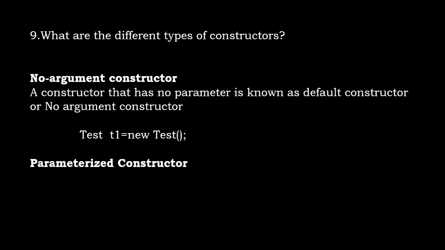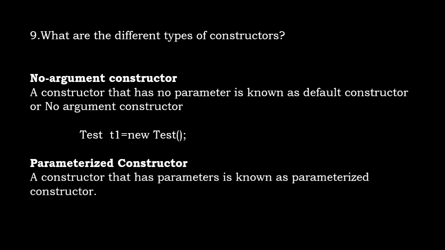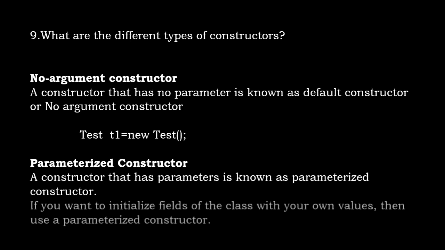And next is the parameterized constructor. A constructor that has parameters is known as a parameterized constructor. If you want to initialize fields of the class with your own values, then use a parameterized constructor. For example, Test t1 = new Test(1, "testing"). Here we are passing the parameters while creating an object.